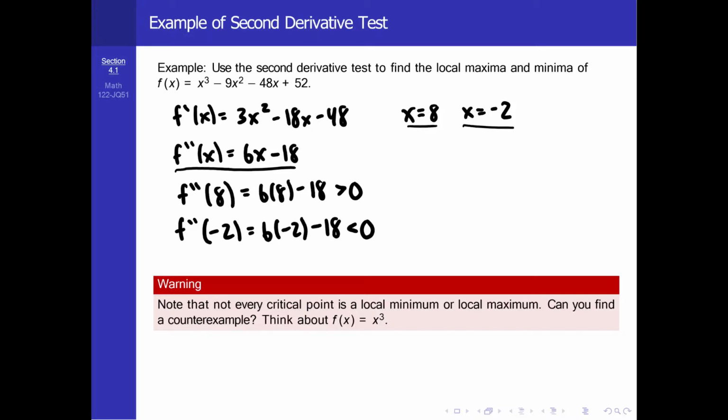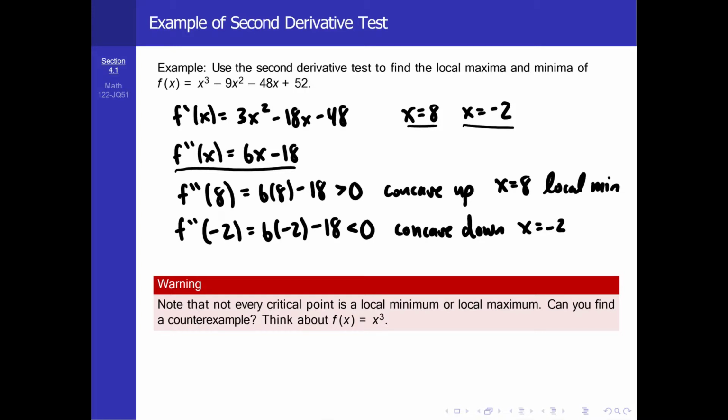So using the second derivative test, if the second derivative is positive, this means that my function is concave up. And so x equals 8 is a local min. And if my second derivative is negative, it means that my function is concave down.